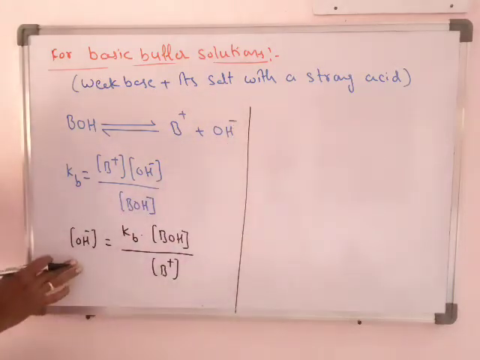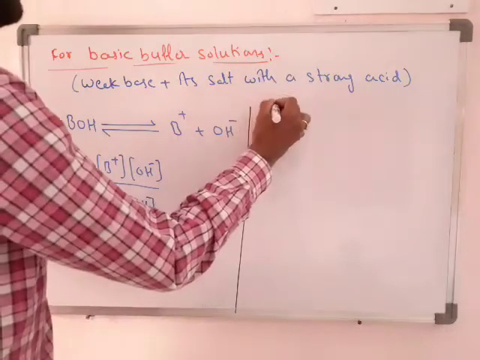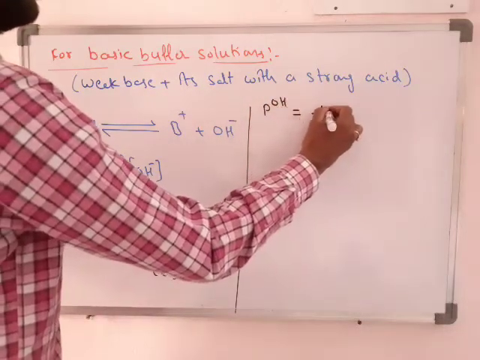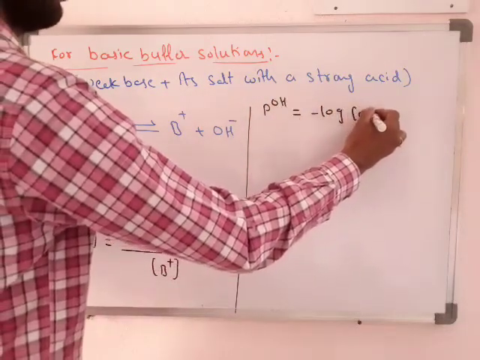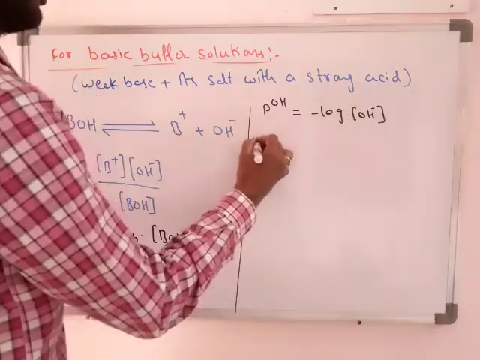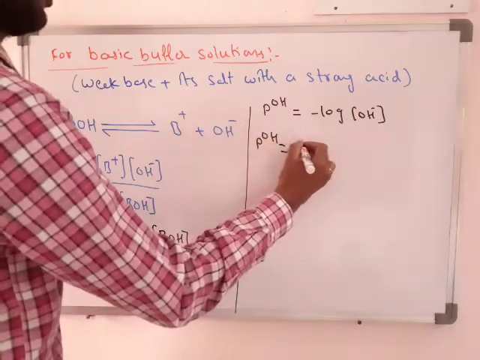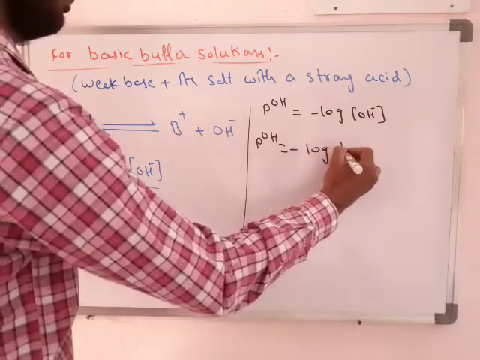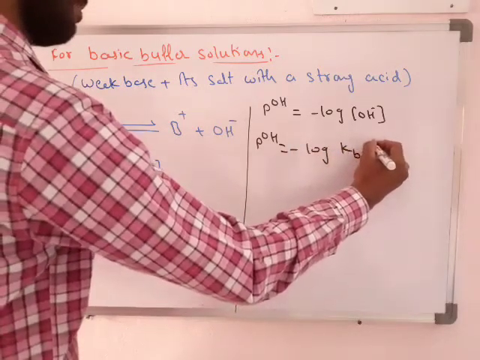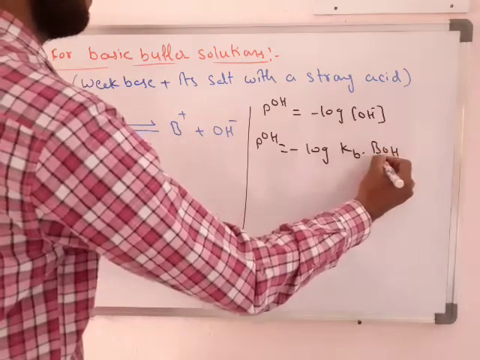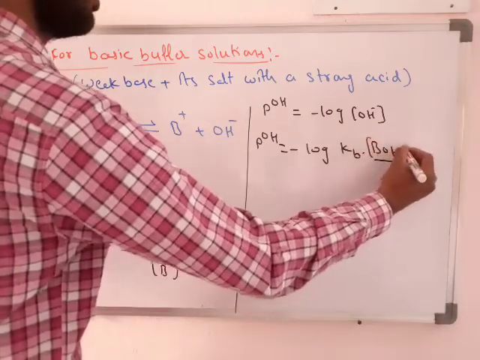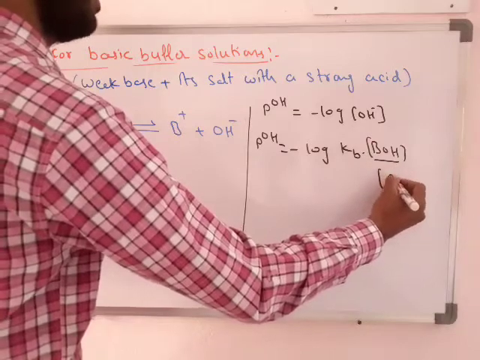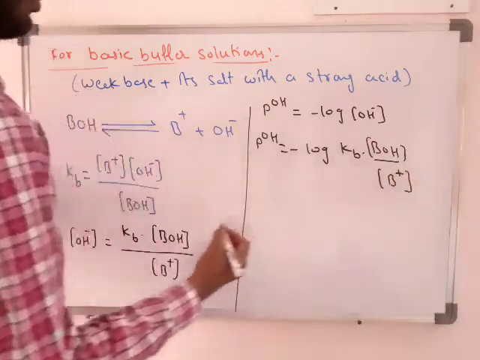So after getting OH minus, we know the formula of pOH: pOH is equal to minus log OH minus concentration. Therefore pOH is equal to minus log of Kb into BOH concentration by B plus concentration.